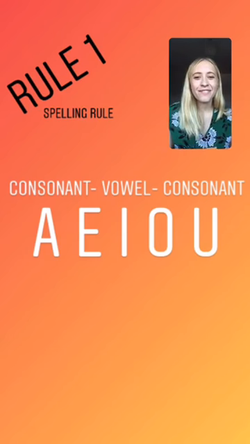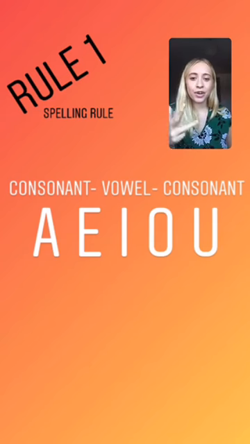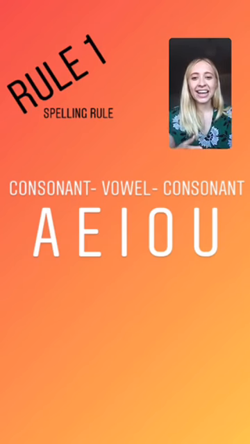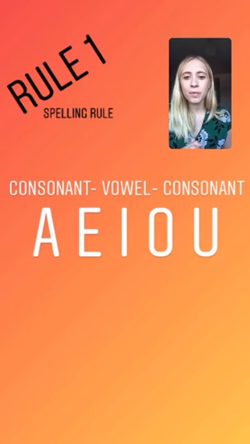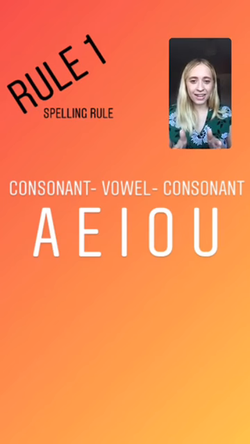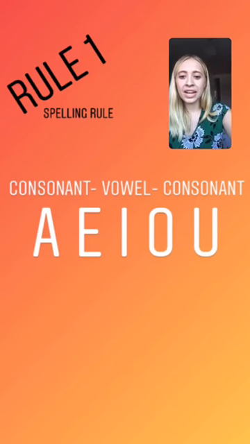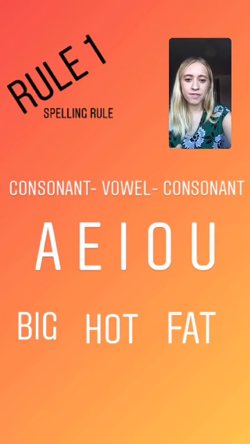There are 5 vowels in the English alphabet: A, E, I, O, U. So if you have a word that has a consonant, that's any other letter, a vowel, and a consonant, we need to do something a little different. Let's look at some examples of this.